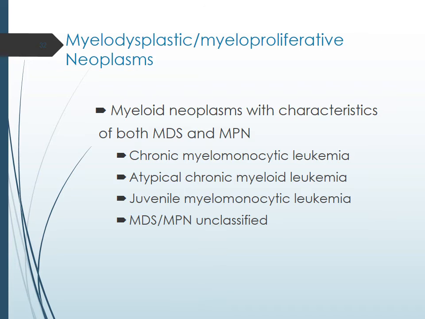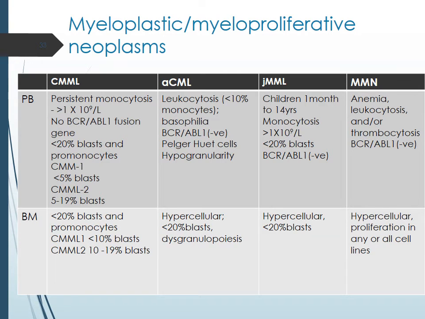The group that falls into this is chronic myelomonocytic leukemia, atypical chronic myeloid leukemia, juvenile myelomonocytic leukemia, and MDS/MPN unclassified. So we have a table here that talks a bit about the 4 disorders that I've just mentioned.